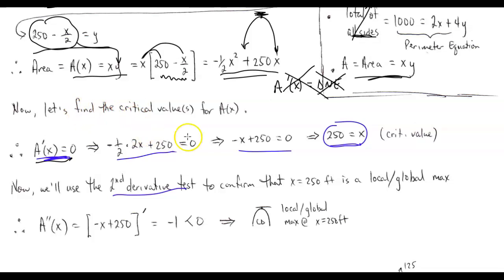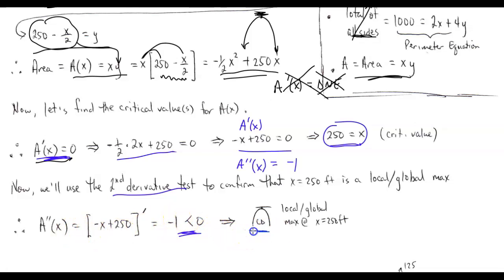So remember, we found that the first derivative of our function was negative 1/2 times 2x plus 250, which is essentially what we had here. Therefore, the second derivative is just going to be minus 1, because the derivative of minus x with respect to x is just minus 1, and the derivative of a constant is 0. So for all values of x, the second derivative is going to be negative.